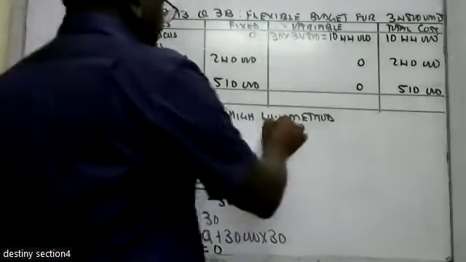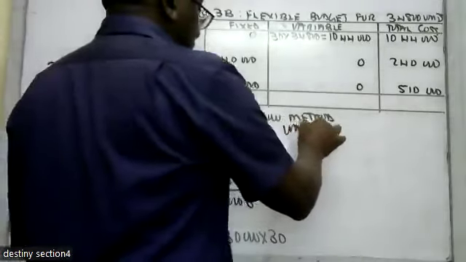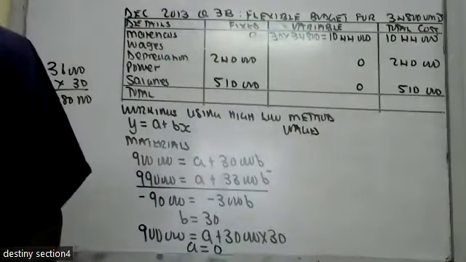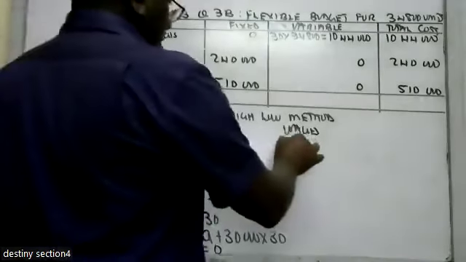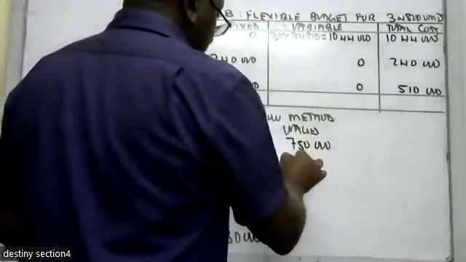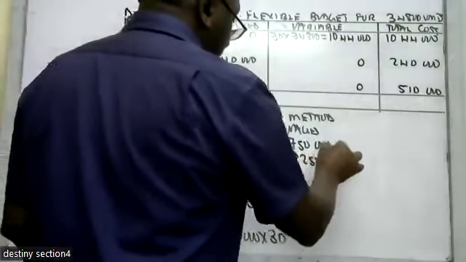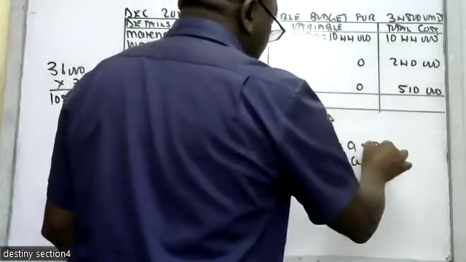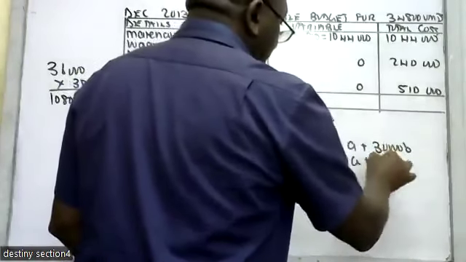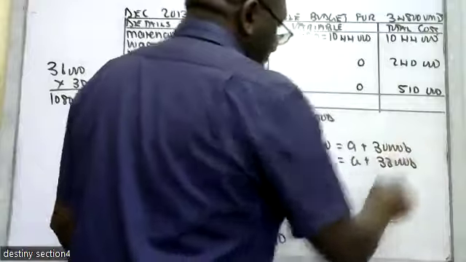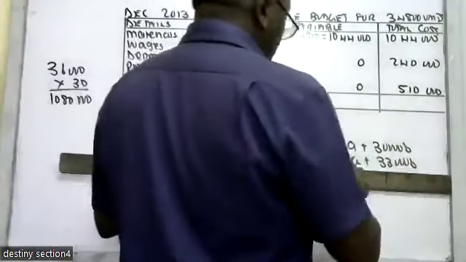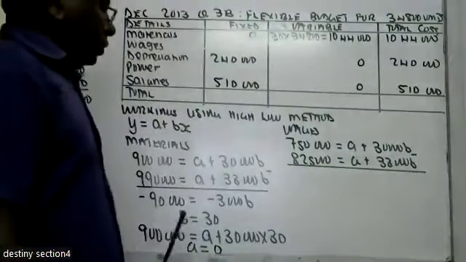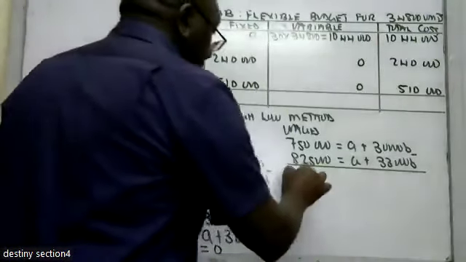So you come and do the same thing with wages. Wages is 750 na 825. 750,000, 825,000. This is a. Plus 30,000 b. Plus 33,000 b. So minus. Inakuwa 75,000.